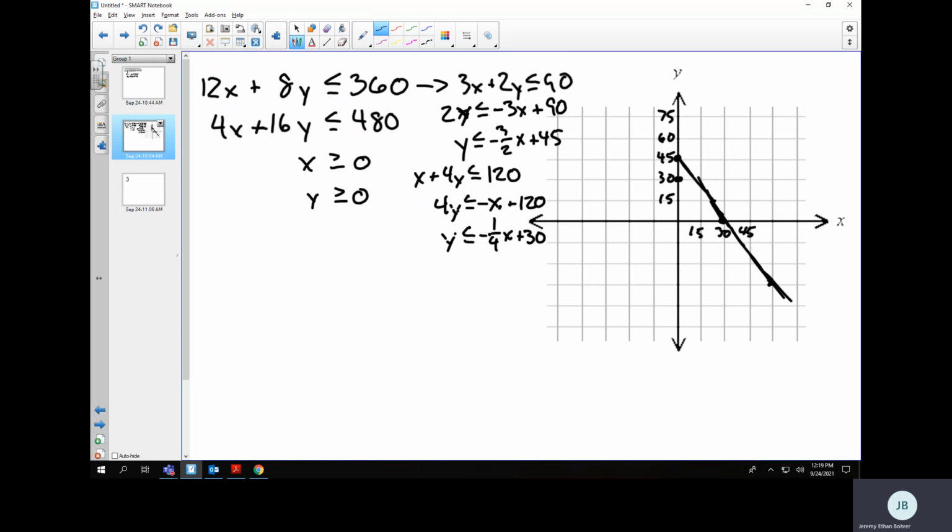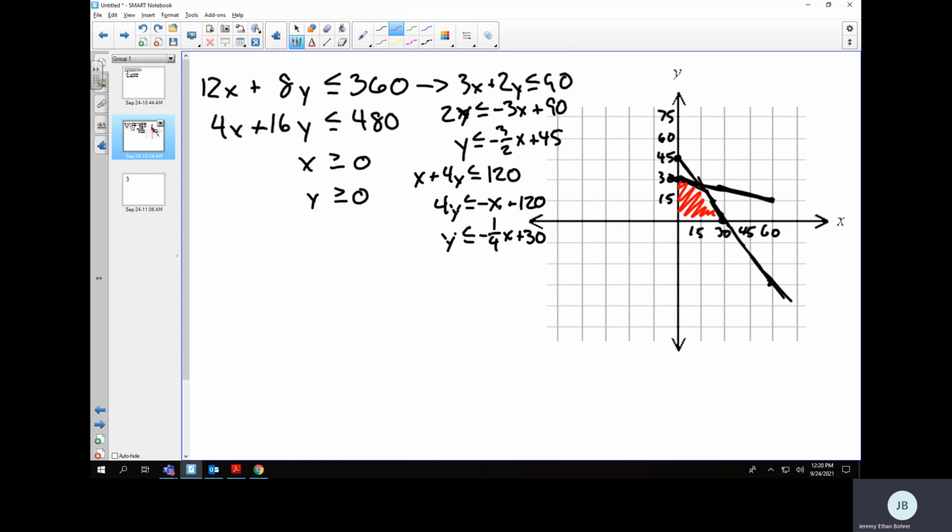Negative 1/4 times 60 would be negative 15 plus 30 is 15. So we get this line here, like so. Okay, so our solution set is then everything inside here.